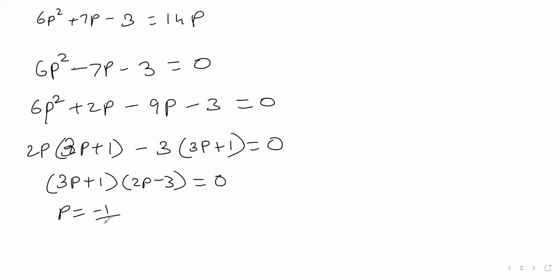So P will be either minus 1/3 or 3/2, but price cannot be minus 1/3. Price cannot be minus 1/3, so P can only be 3/2. So if elasticity is 11/14, price is 3/2.